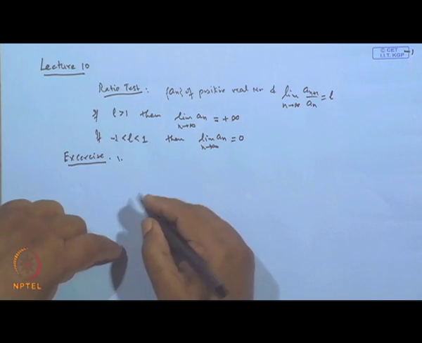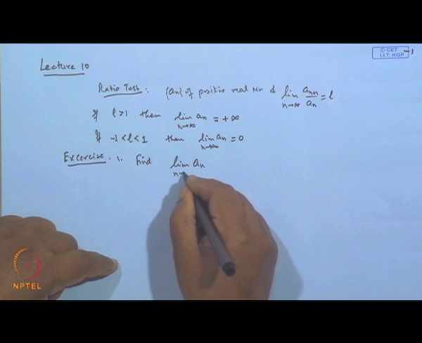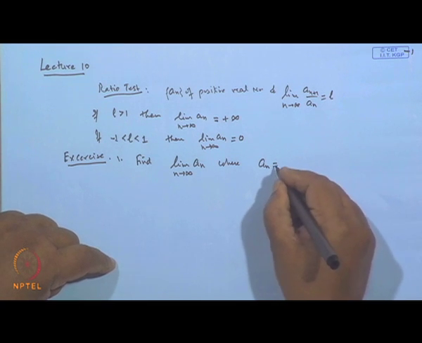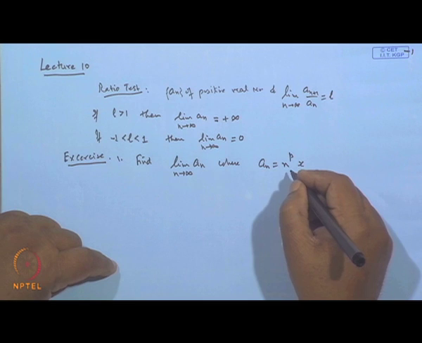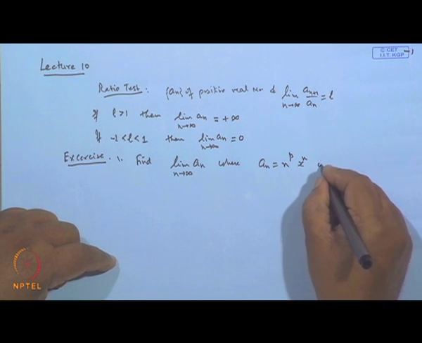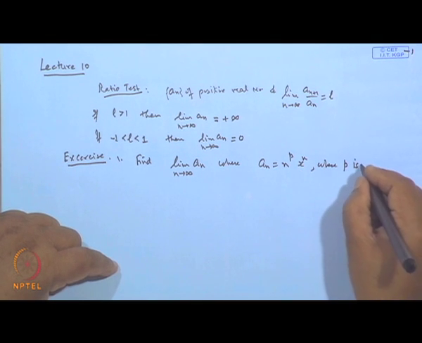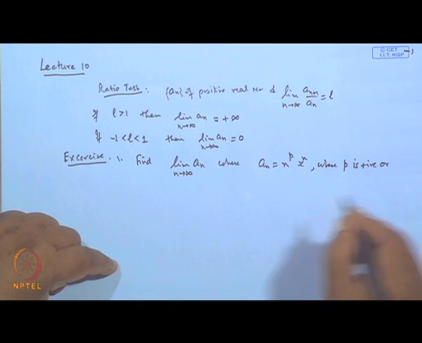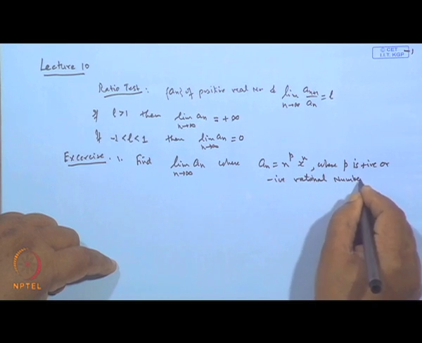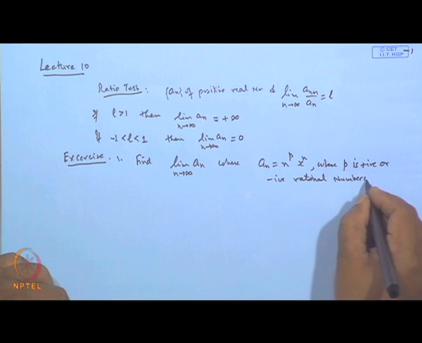Find the limit of a n as n tends to infinity, where a n is of the form n to the power p times x to the power n, where p is a positive or negative rational number, and x is a real quantity.